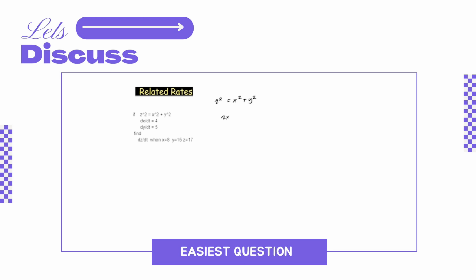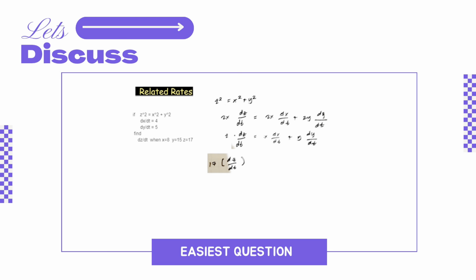So that will be 2z times dz dt equals 2x times dx dt plus 2y times dy dt. And then simplify the equation by canceling out all the twos. So it will be z times dz dt equals x times dx dt plus y times dy dt.